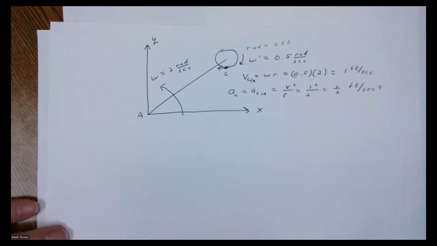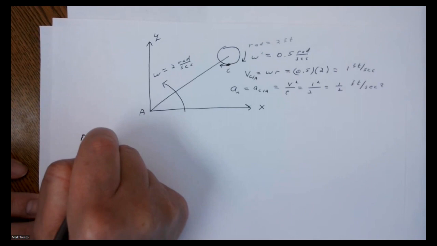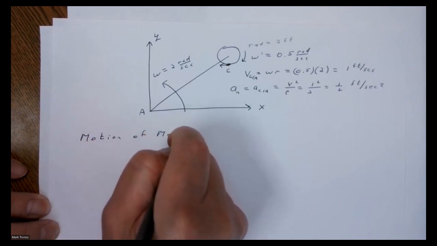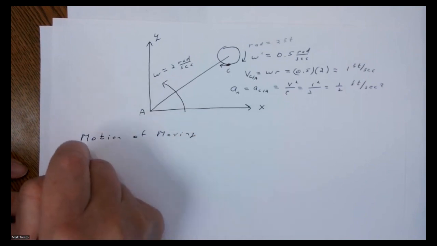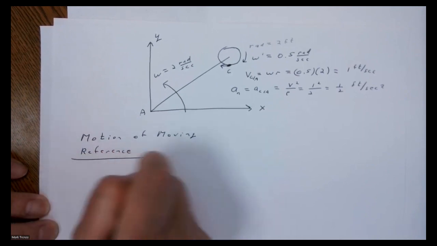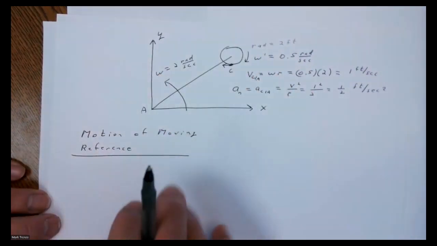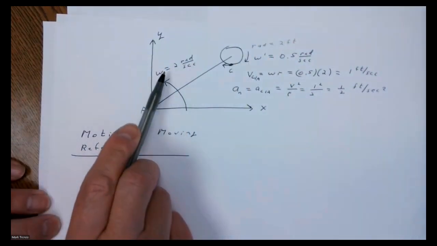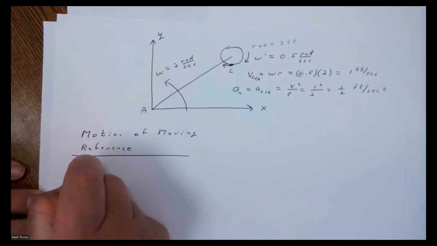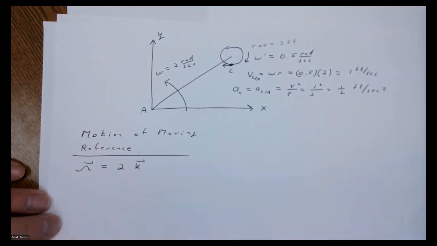Now let's put everything together. Again, we want the motion of the moving reference. It's good to sort of organize this. And again, that's this whole system here. What's happening in the main system? You can see it has an angular velocity of 2 radians per second, and it's spinning about the z-axis.